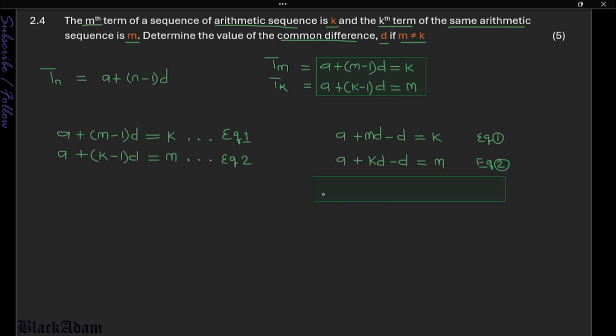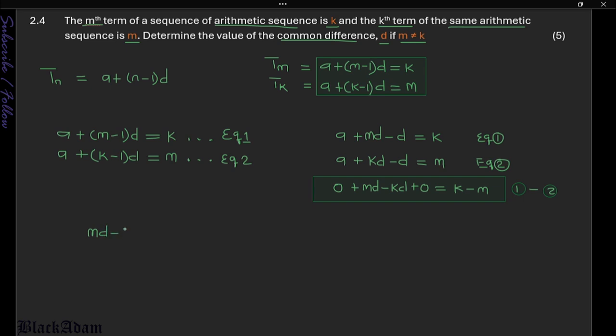From there, we say equation 1 minus equation 2, so a minus a is 0, and md minus kd. Then we have like terms, negative d minus negative d, so it's negative d plus d, which cancels out and gives us 0, so it's plus 0 is equal to k minus m. Here k belongs to equation 1, m belongs to equation 2.